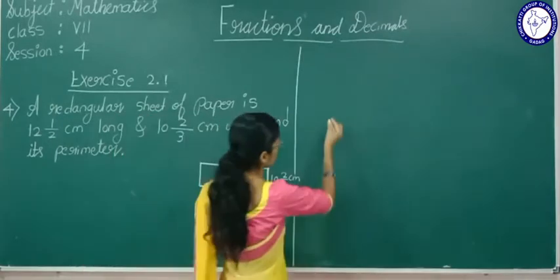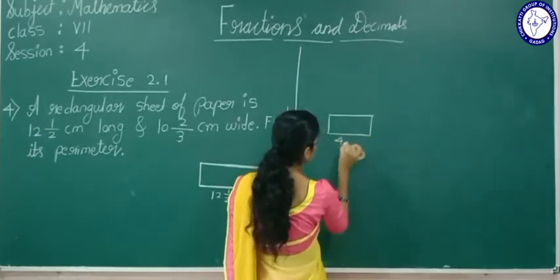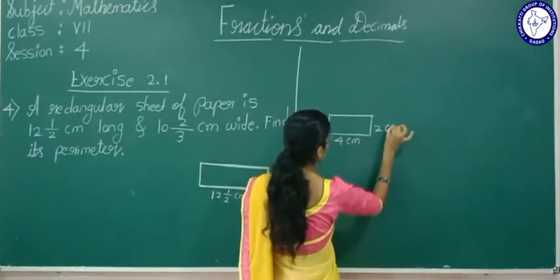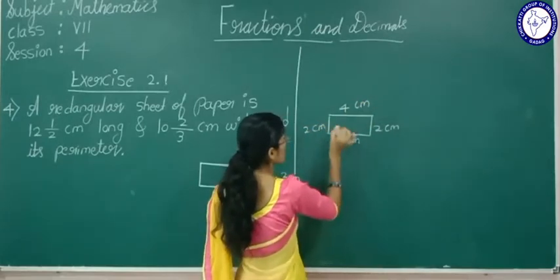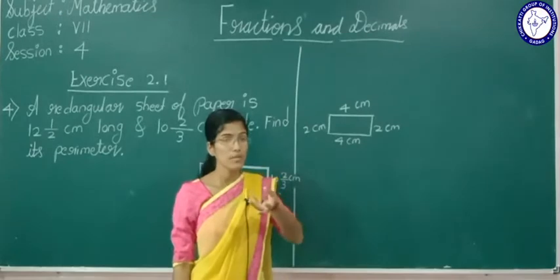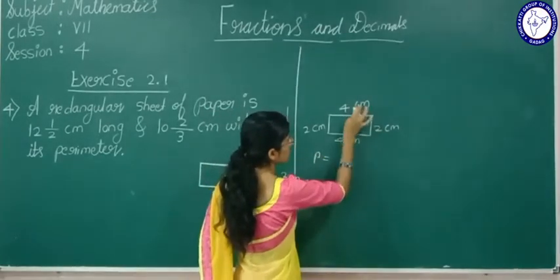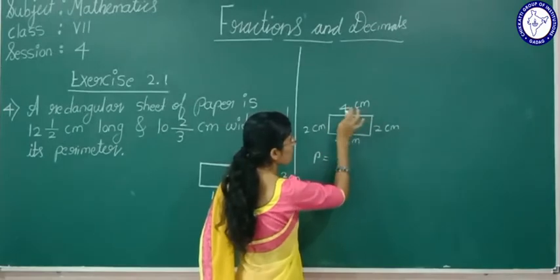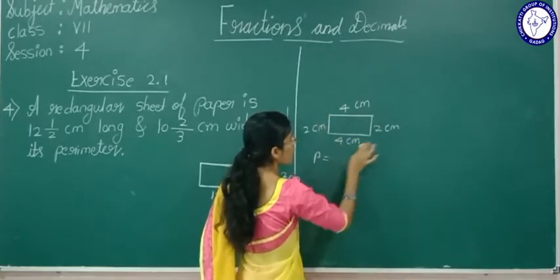See, if I ask you, this is 4 centimeter, here 2, 4, 2. So what is the perimeter of this rectangle? Perimeter means the addition of the lengths of all its sides.